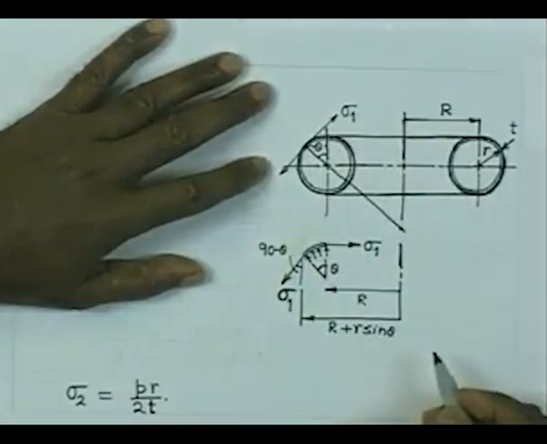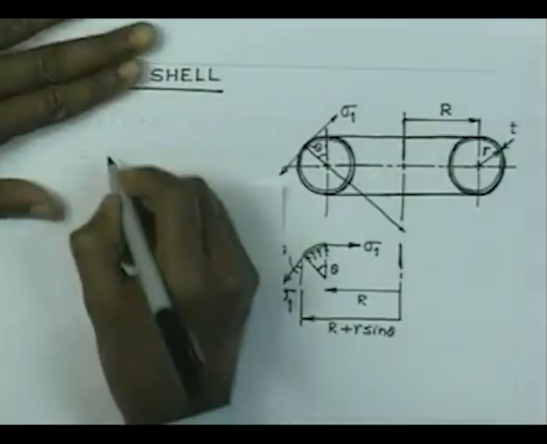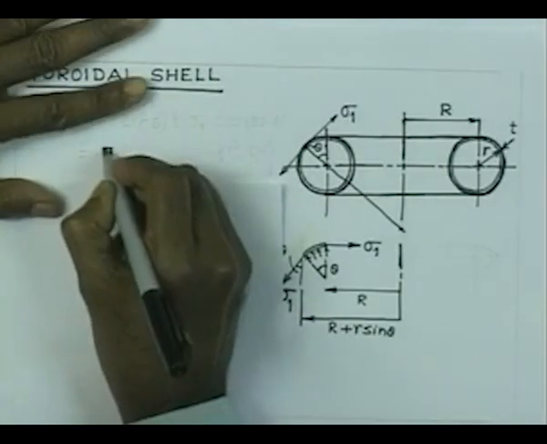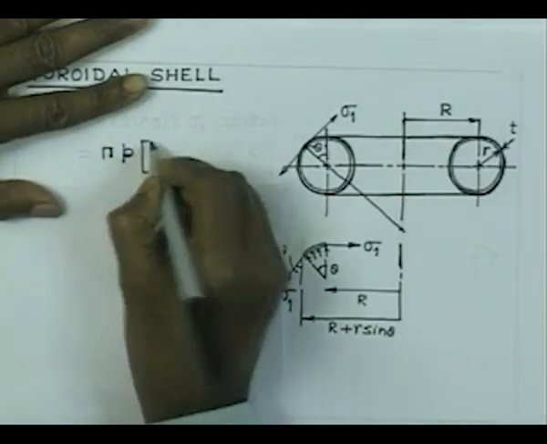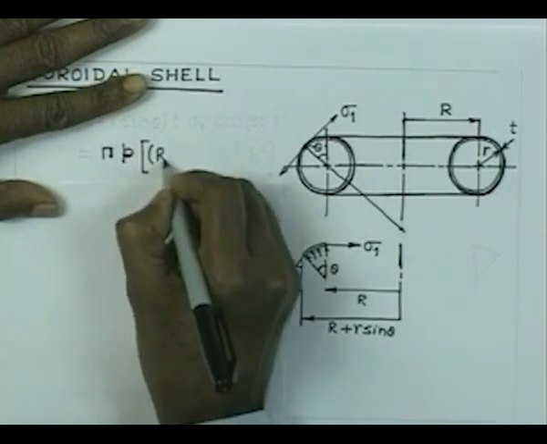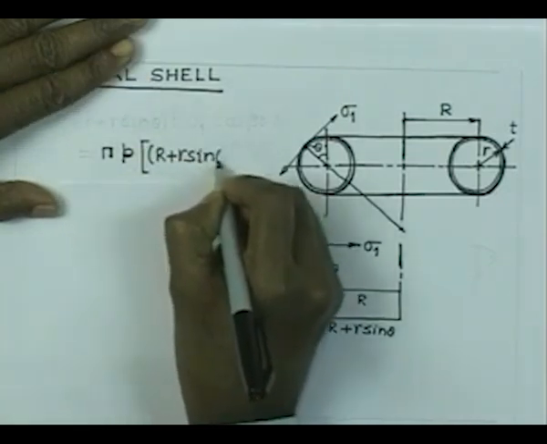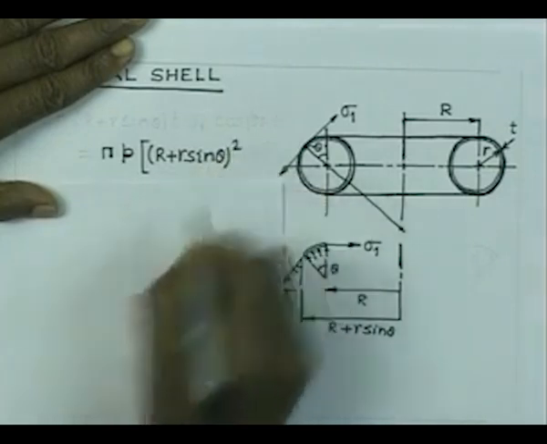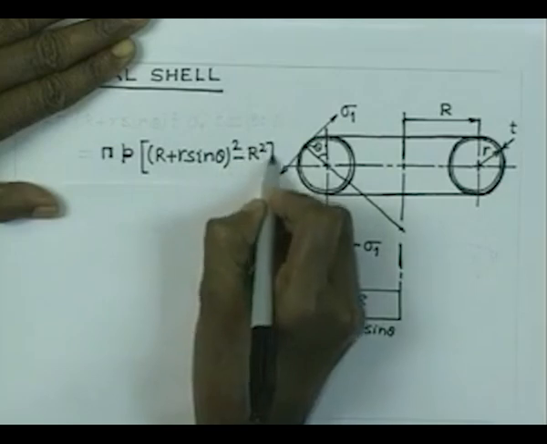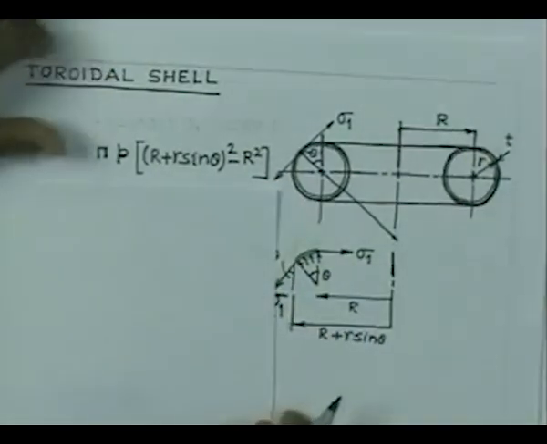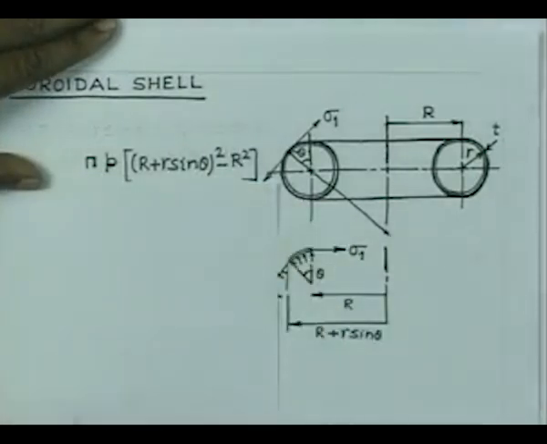Therefore, the total force acting on this annular area is pi p into (R plus R sin theta) whole square minus R square. That is the annular area, and its vertical component will give us the total vertically upward force.